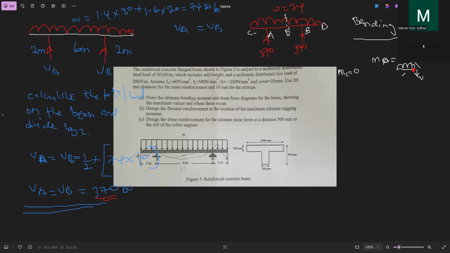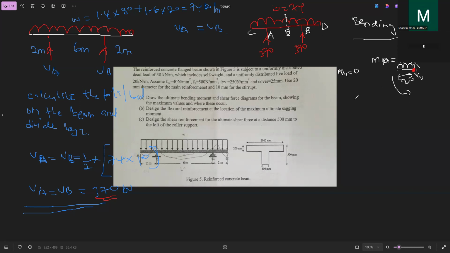So with this, here is 74. So the length is 2.0, and it is causing the moment this way.